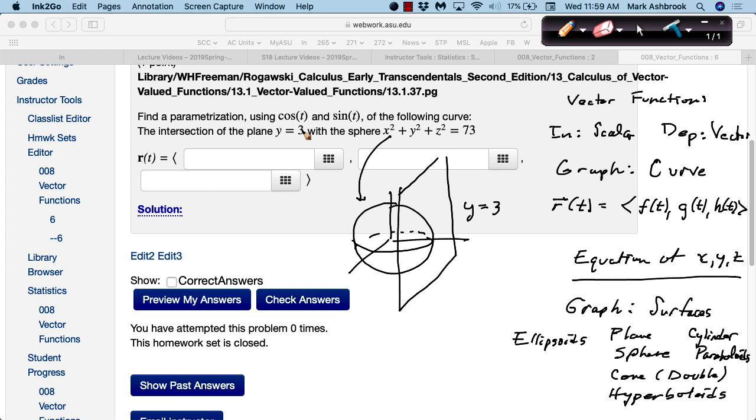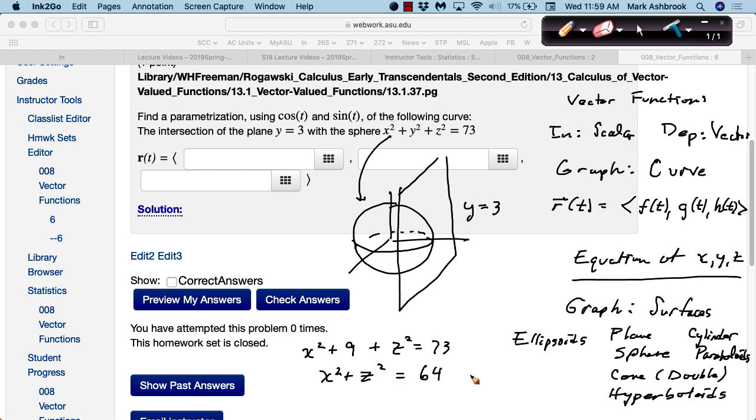It's an easy one. Y equals 3 and this. Combining those two together, we get x squared plus 3 squared plus z squared equals 73. So therefore, x squared plus z squared equals, is that 64? Lo and behold, it's right. So x squared plus z squared equals 64.